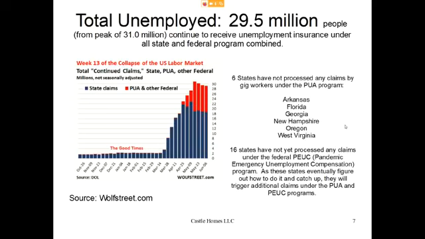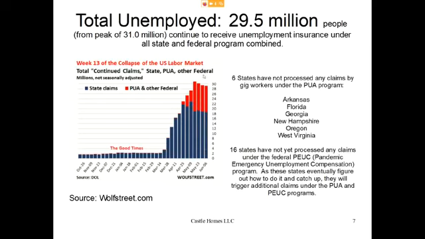Okay, so now the total unemployment level in the nation is 29.5 million, which is down from the peak of 31 million. When you look at the state claims, and then this is the pandemic unemployment assistance for the seasonal, sort of gig workers, we're tracking that as well here.